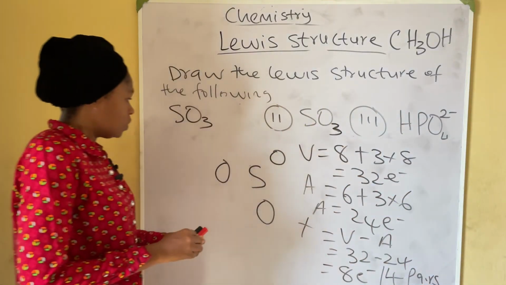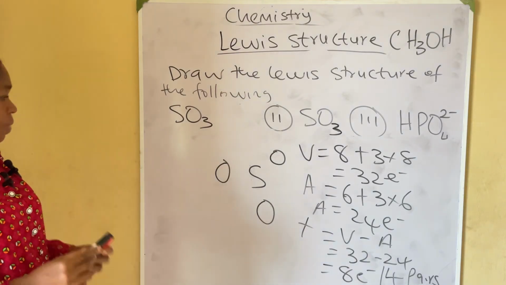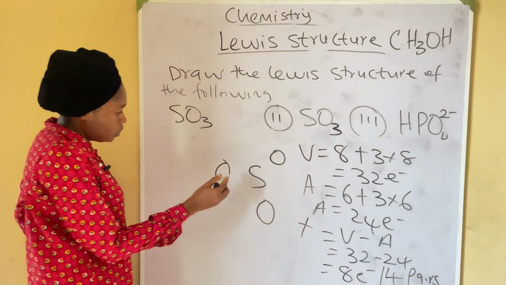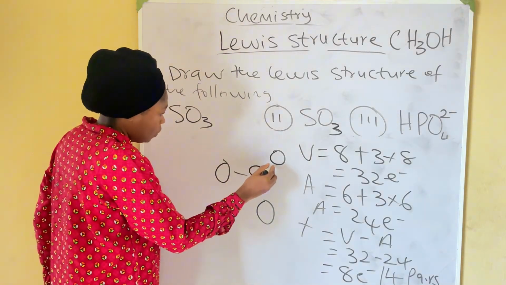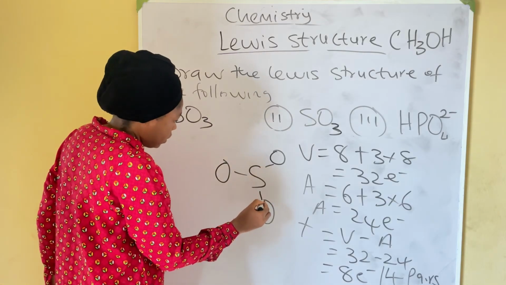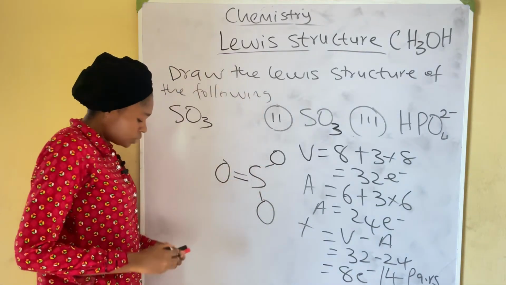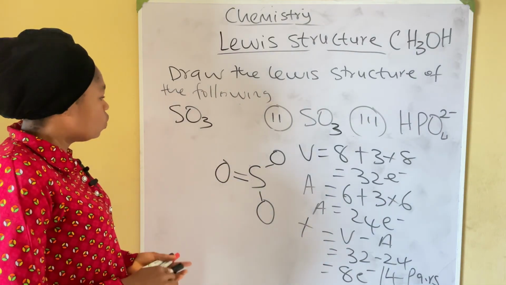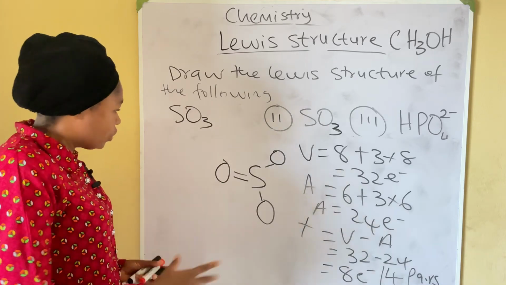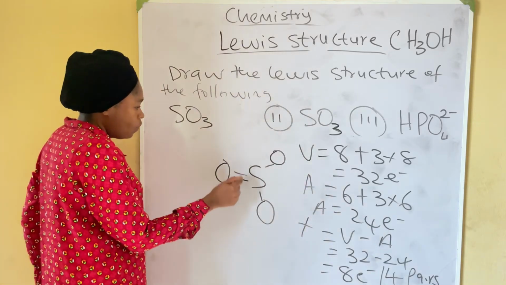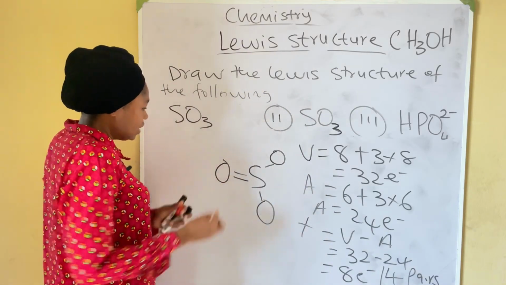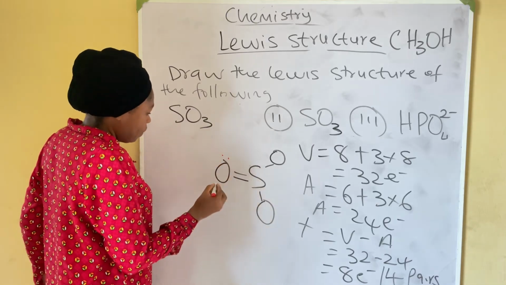We're going to put 4 pairs of electrons: 1, 2, 3, 4. Then I want to distribute the other electrons. Remember, 2, 4, 6, 8 have already entered, then 9, 10, 11, 12.